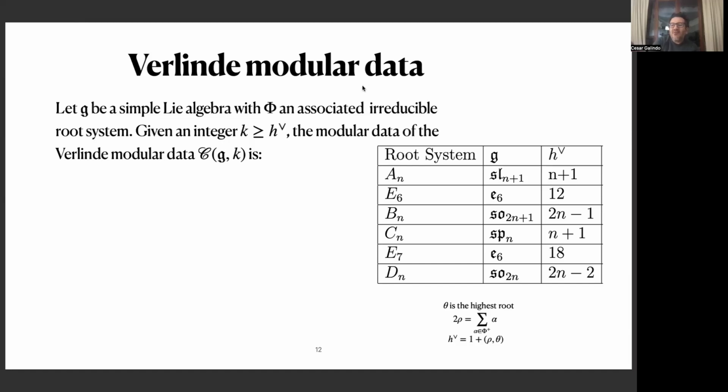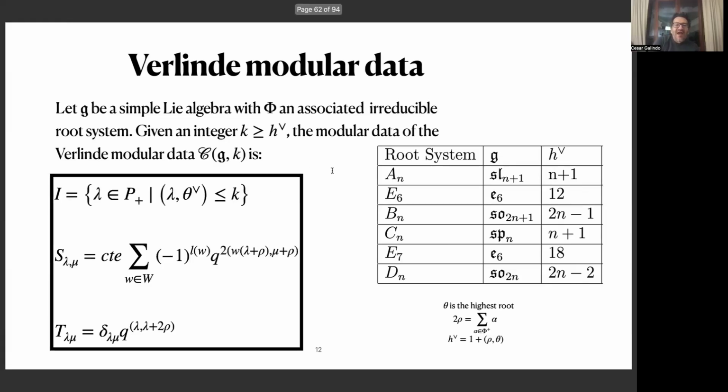Here I put in this table some values just to remember. For example, for the case of SL_N, the value is n plus 1. Really, in the case of SL_{n+1}, the associated root system is A_n, the Coxeter number is n plus 1, and the same for the others.